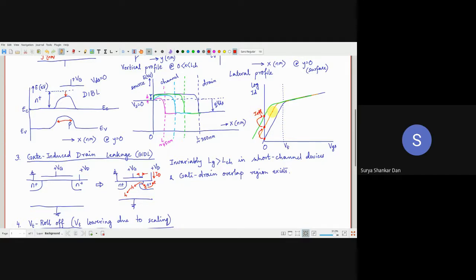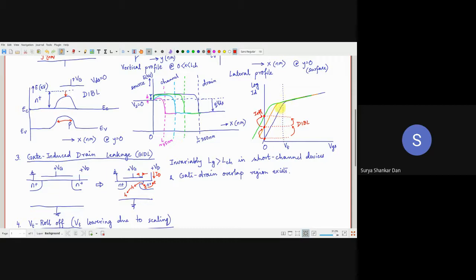So I off is increasing. Now, this increase in the I off happens due to DIBL, drain-induced barrier lowering.